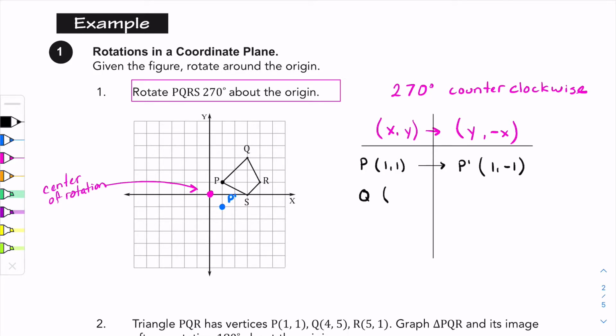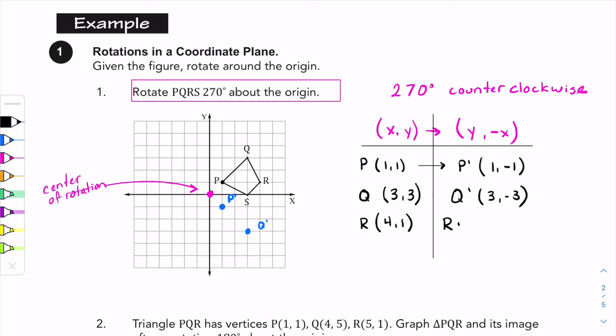Point Q is at 3, 3. And if we apply the transformation rule, Q prime is going to be at 3, negative 3. Point R is at 4, 1.